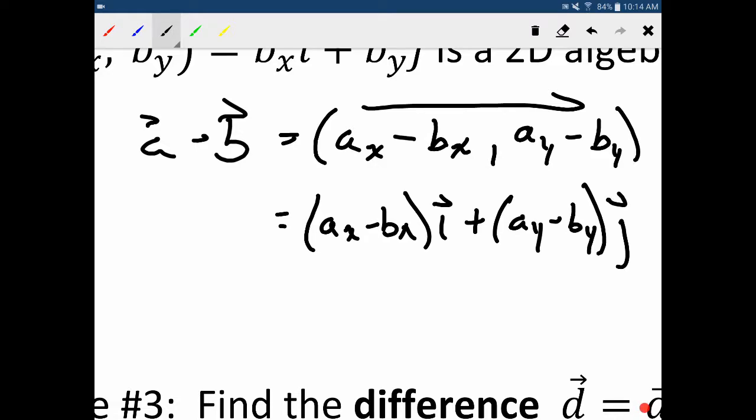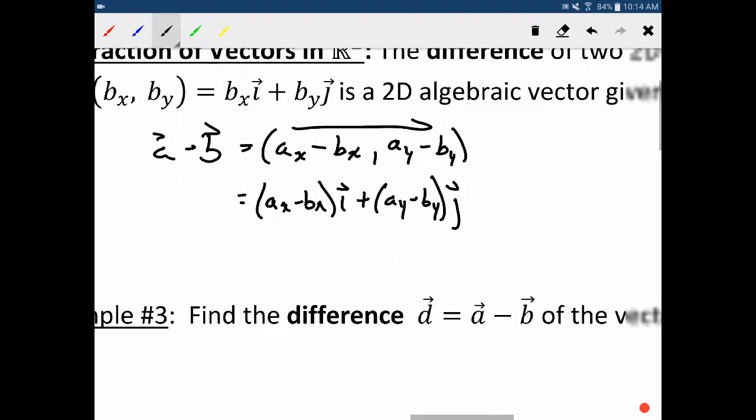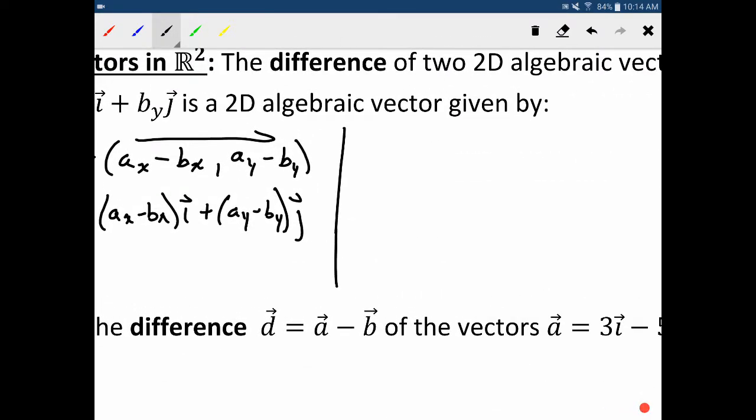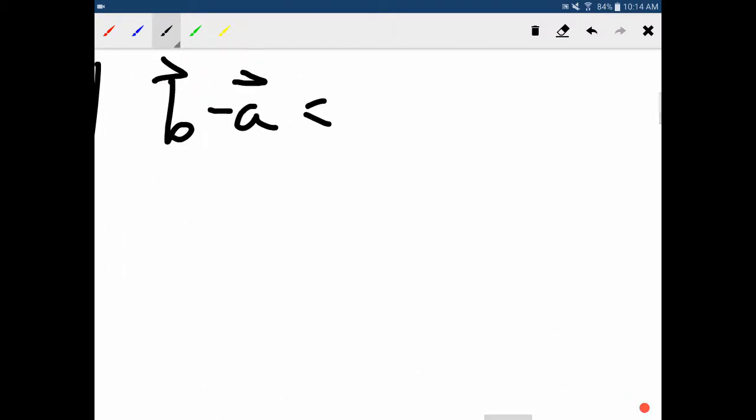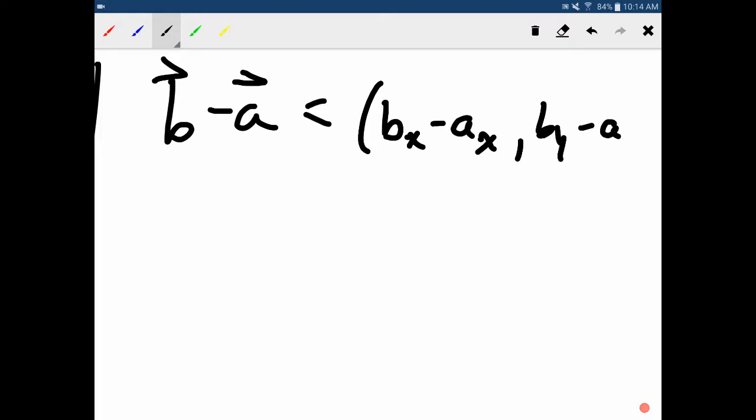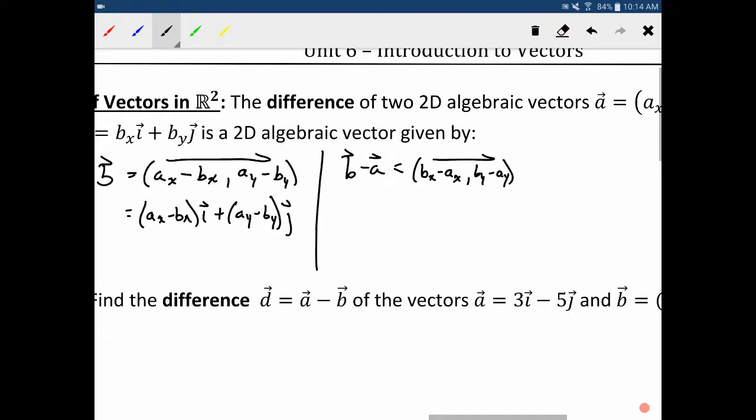Now, it is worth noting that if I wanted to do b minus a, it is not the same thing, because subtraction is different if you do it in a different order. You would be left with bx minus ax, by minus ay, which will be the same thing except with the opposite sign, but it is different, so it's worth noting that that is the case.